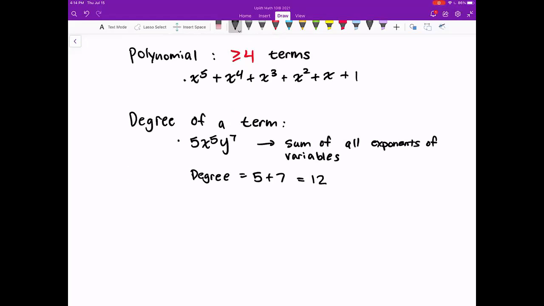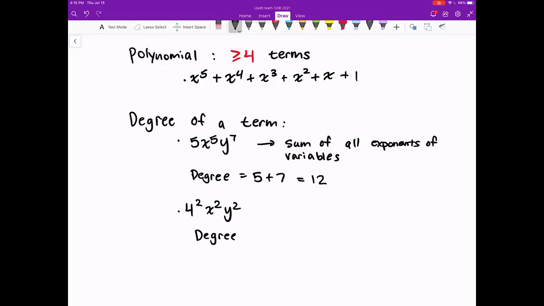So for example, if we have something like 4 squared times x squared times y squared, we only count the exponents on the variables. Because we can also just simplify the 4 squared into a 16, and it technically only has an exponent of 1, which we shouldn't add on there. So that's the degree of a term.